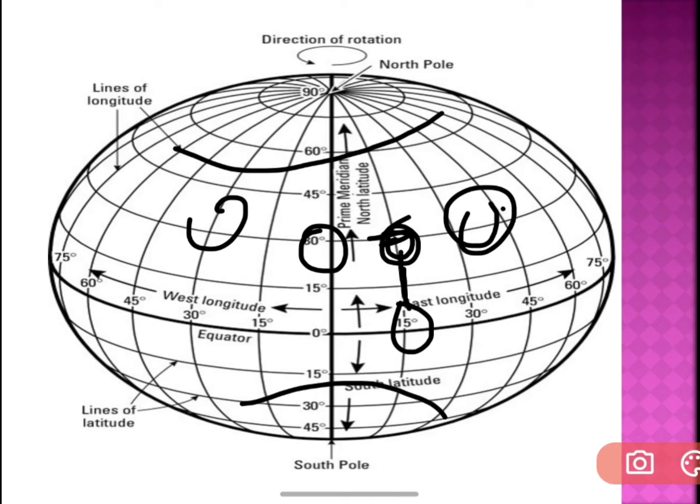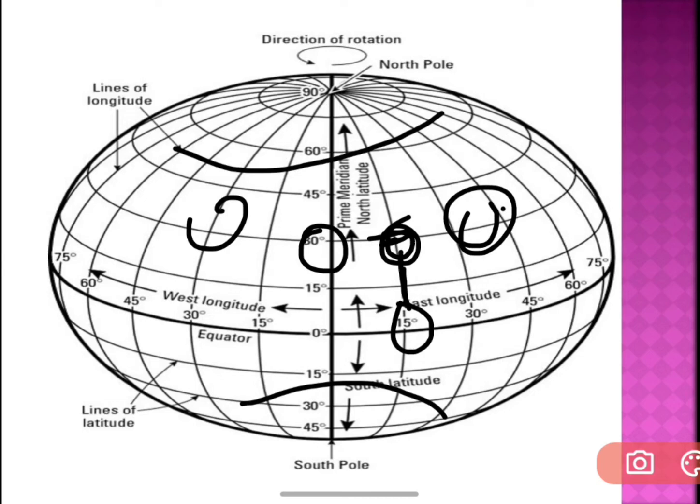Okay, for example, here in the textbook they have given Kanyakumari, which is the southernmost part of our country. It is at 8 degrees north, that is northern hemisphere, 8 degrees, and 72 and a half degrees east in the eastern hemisphere.